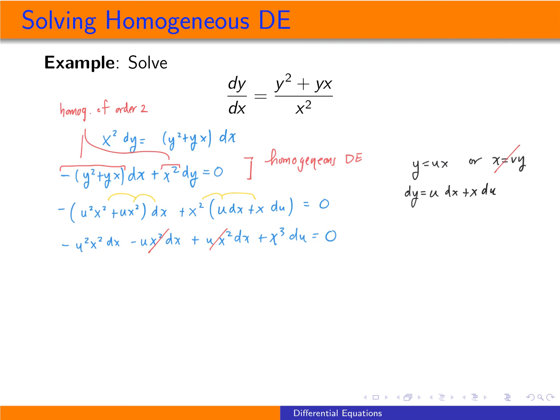Now we can more clearly see it's separable: a term involving the dx, a term involving the du. Let's put the one with the negative sign over to the right. So we can make this be x cubed du on the left, adding u squared x squared dx to both sides. Now separate: divide both sides by x cubed, divide both sides by u squared.